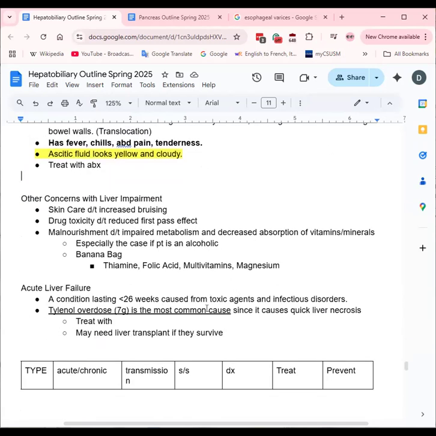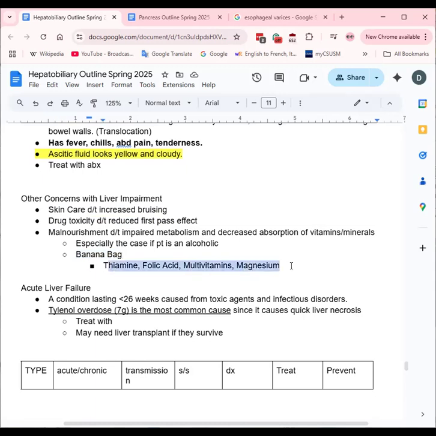Here we talked about almost everything already. Bruising is a thing, more drug toxicity, malnourishment because you're having a hard time absorbing things. So these patients can get what's called a banana bag, and you might get a banana bag for alcoholics too. And a lot of people that have liver problems are also alcoholics, as you can expect.